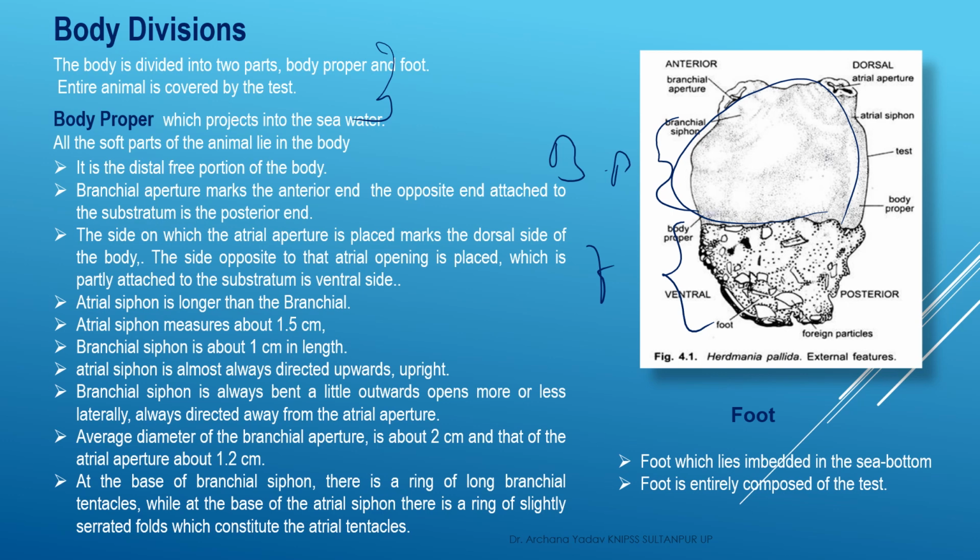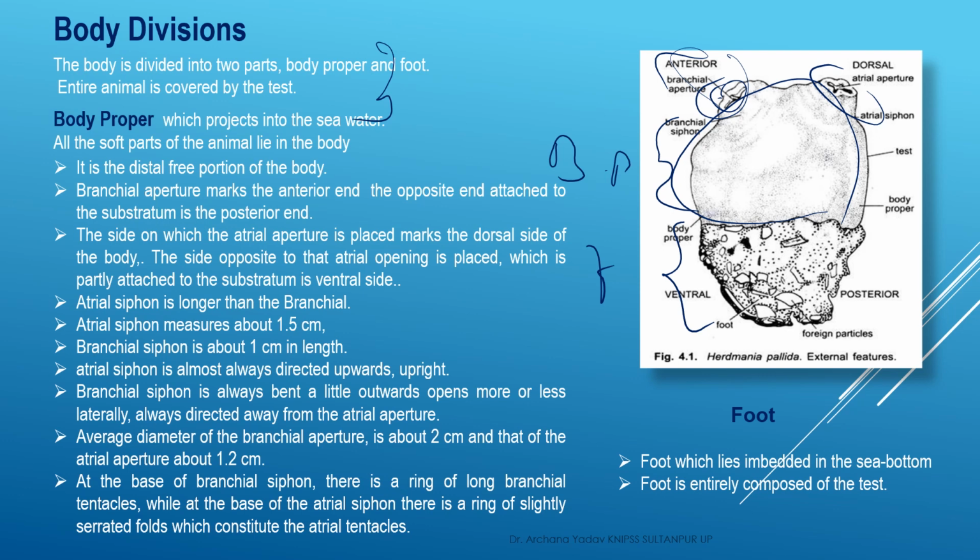At the free end of the body there are a branchial aperture and an atrial aperture. The branchial aperture is 1 centimeter long and directed outward, and its terminal opening is called the branchial aperture or mouth, or you can say the incurrent siphon.